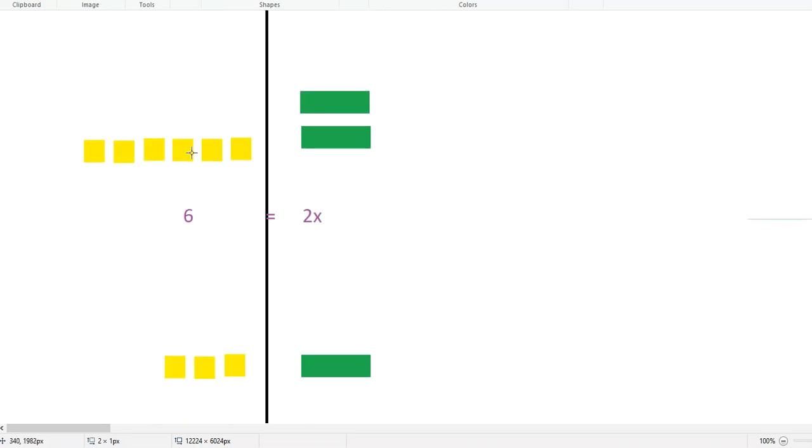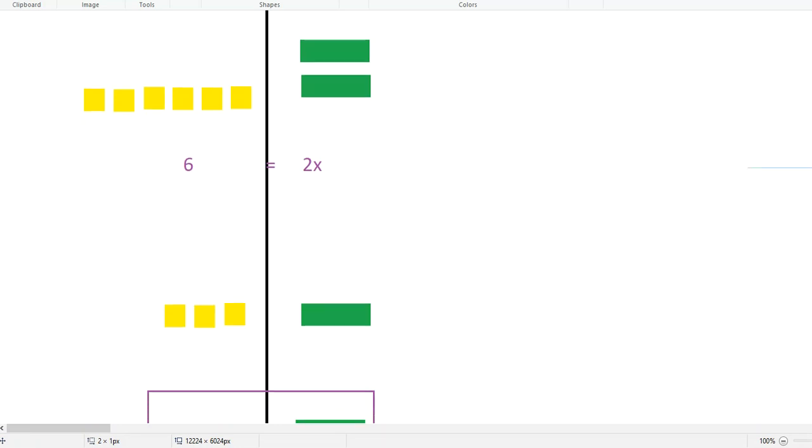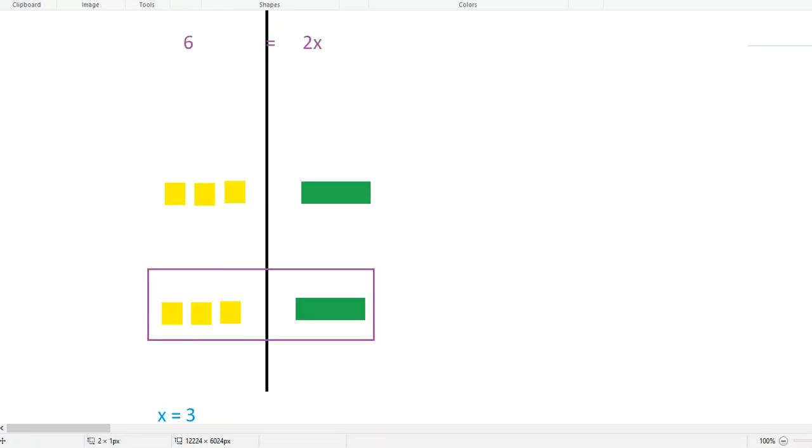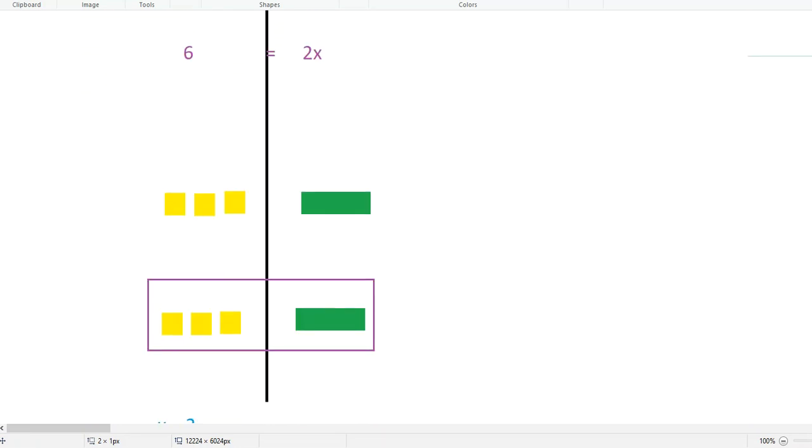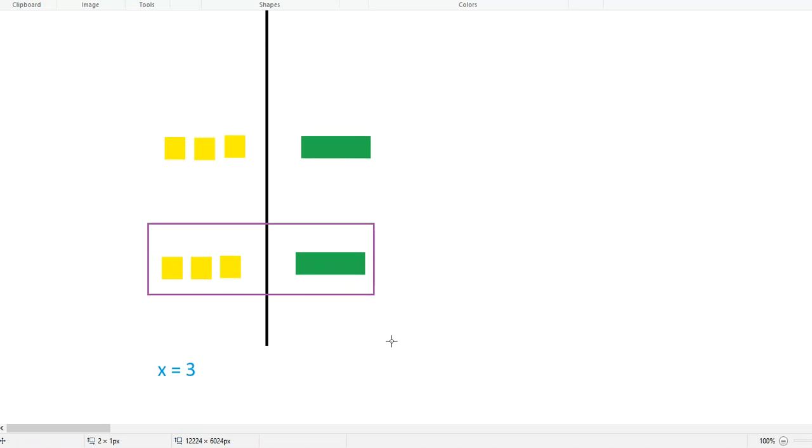So we have 6 of these single unit values equals 2 times the x value, or 6 equals 2x. All we need to do now is think about it as a one-step problem.